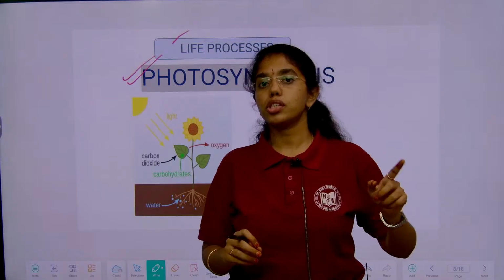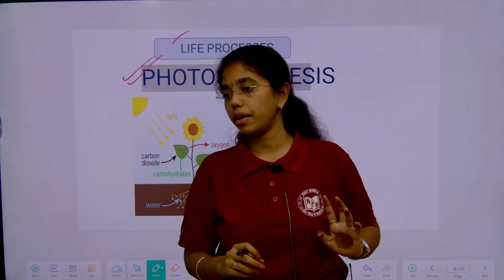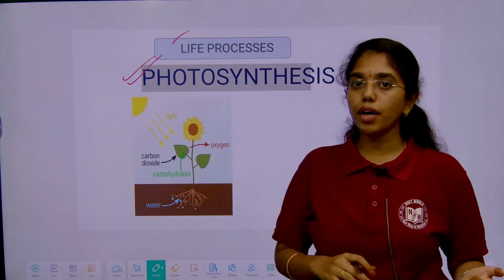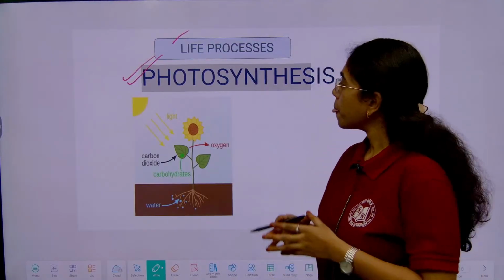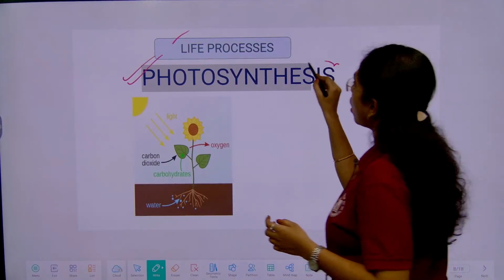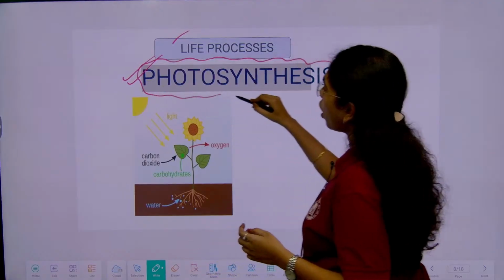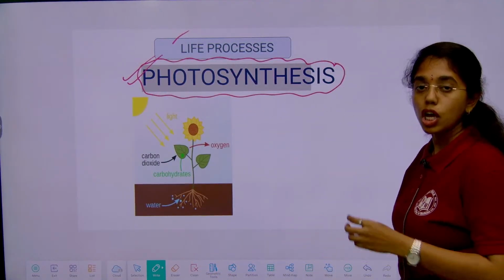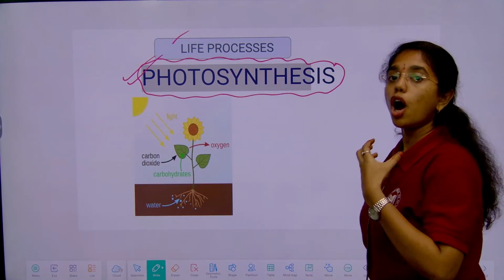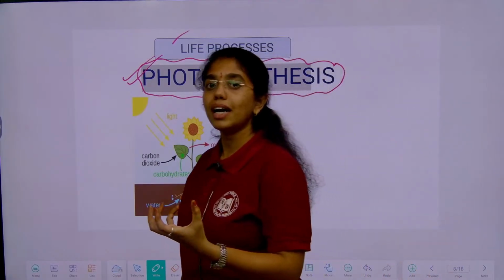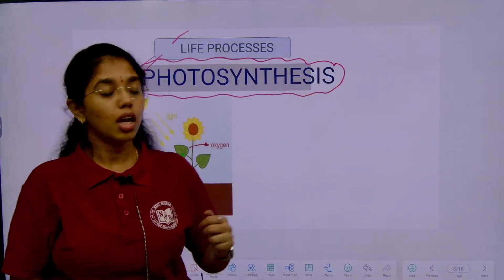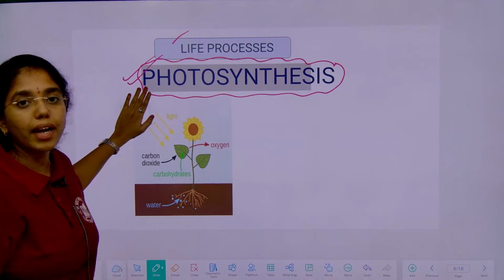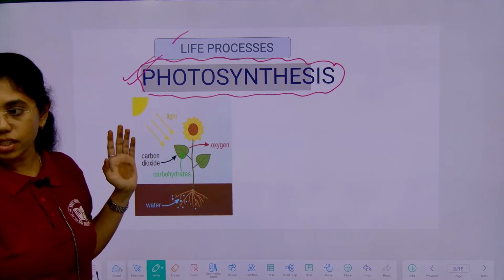All these processes occur in a coordinated manner, right, either in the plant body or in the animal body. And now we are going to discuss the most important concept, that is photosynthesis. Because of this process, all the living organisms present on the earth are getting the nutrition. So photosynthesis is provided for all the organisms.